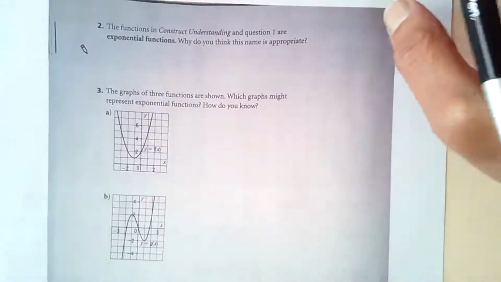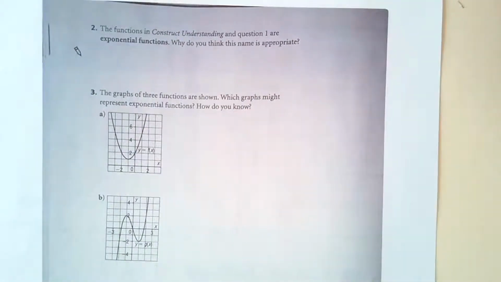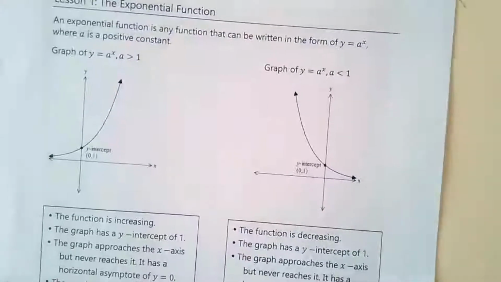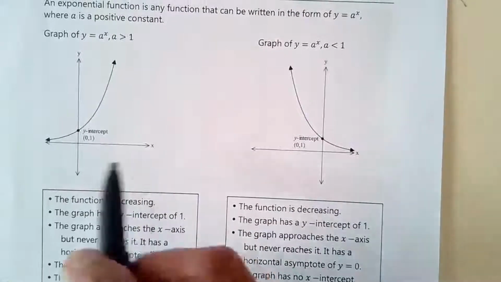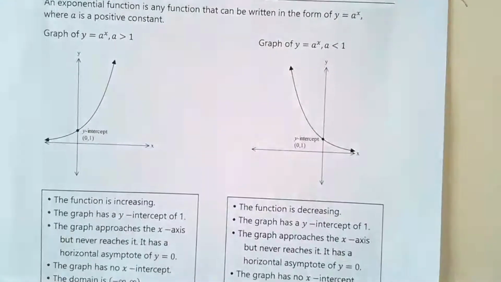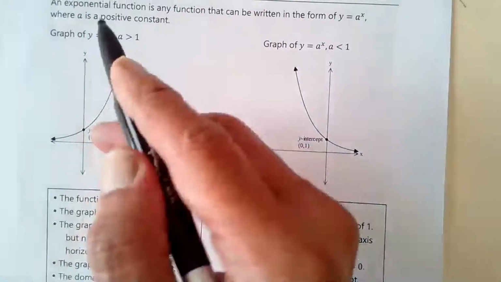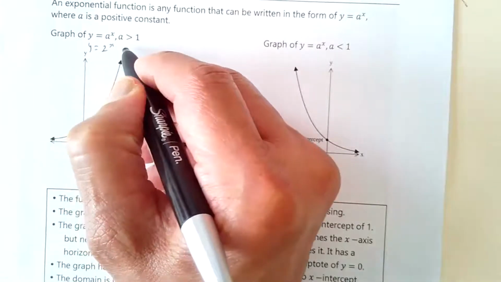Now the functions we've completed so far are exponential functions. And to summarize, this is part of your booklet. In the first graph, a is positive, which is 2, and we have y equals 2 to the power x.